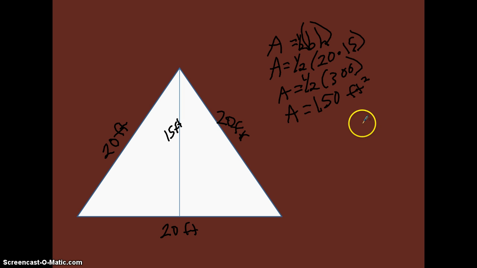Now, I had a student the other day who was trying to do this type of problem. And what they did, instead of writing down this part, they said 300 divided by 1/2.